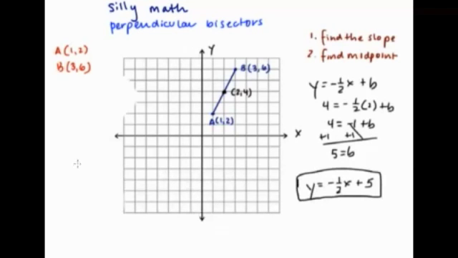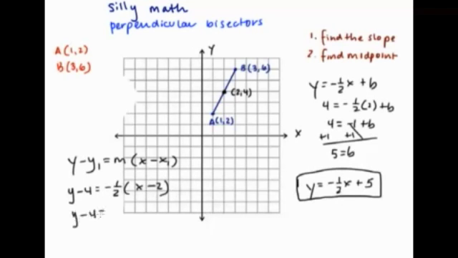And if you have a point and you have the slope, you don't have to solve for b, you can just do it along the point slope form, right? So that's another route that you can take. y minus y1 equals m times x minus x1, and so that would be y minus 4 equals negative 1/2 times x minus 2.